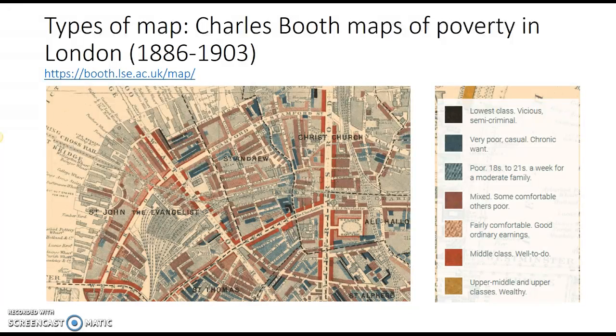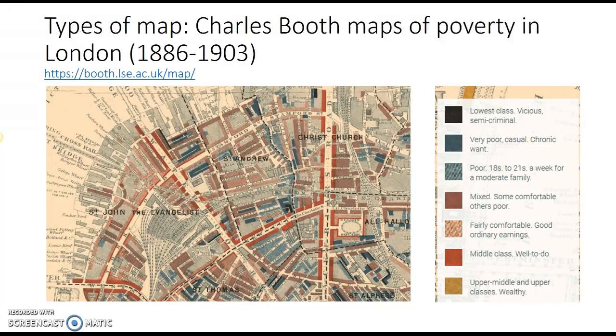And Charles Booth's maps are perhaps the most famous of those. He mapped London and used his own colour coding scheme to work out areas of poverty and areas of rich residents throughout London.